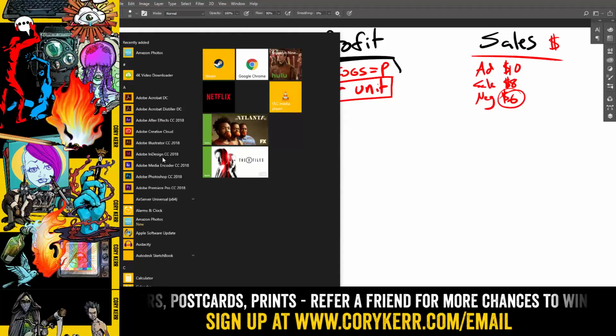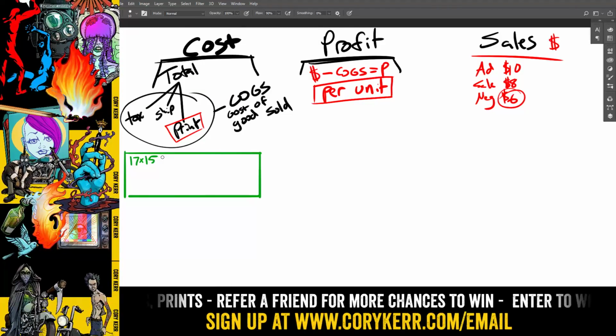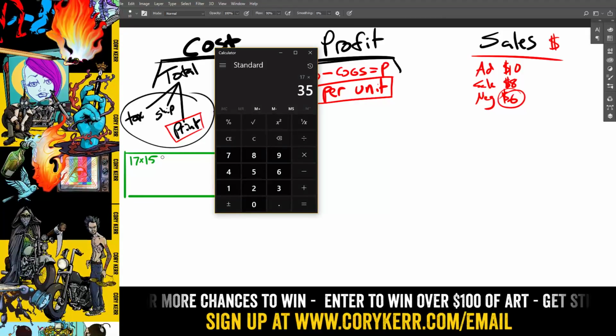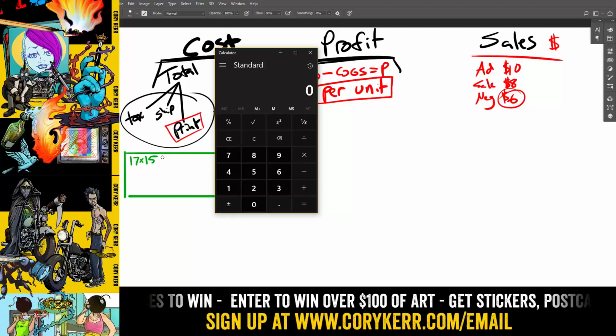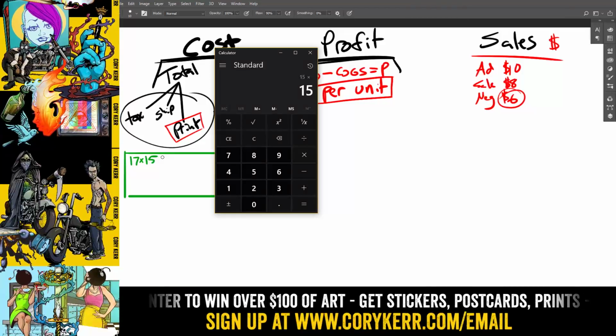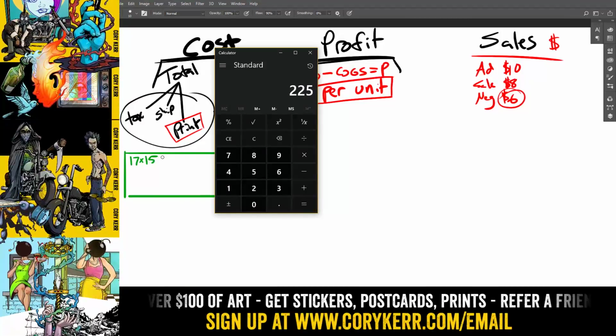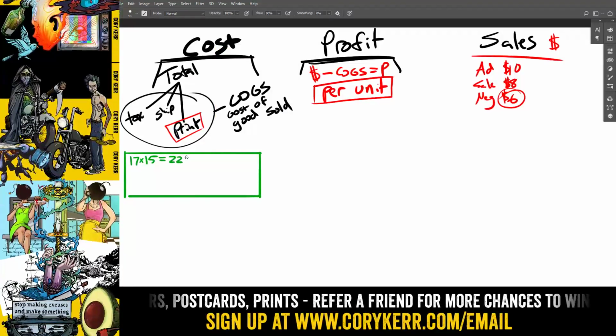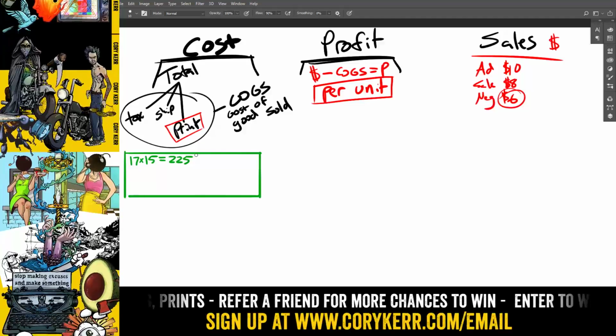So let me pull up my calculator here. I'm just going to do 17 times 15, and that means that I have 225 total units.